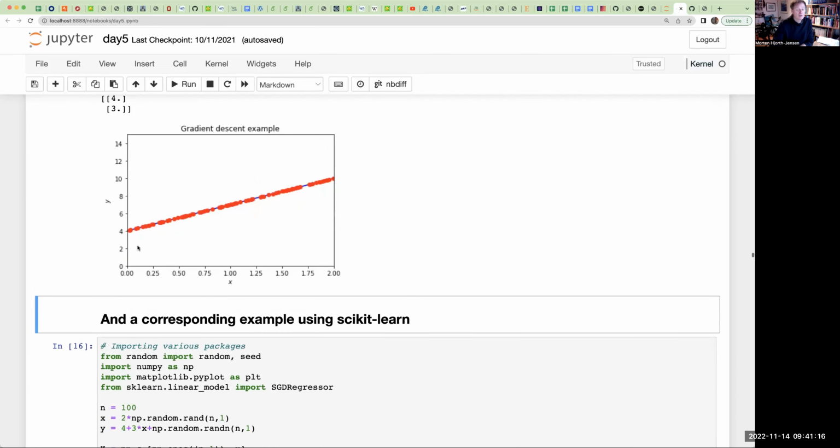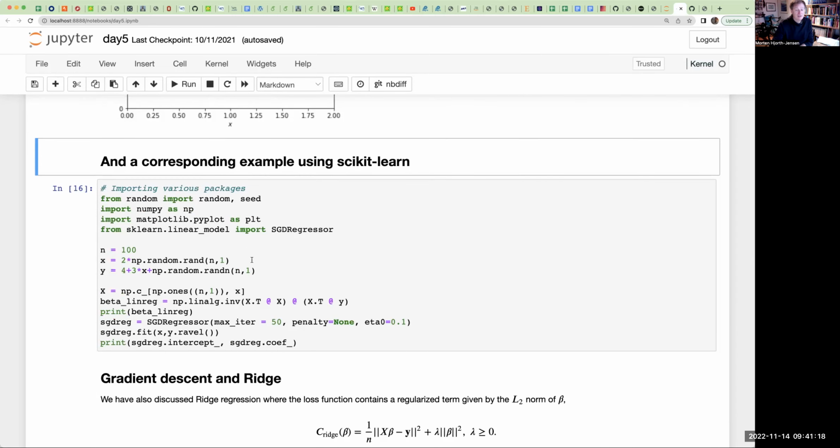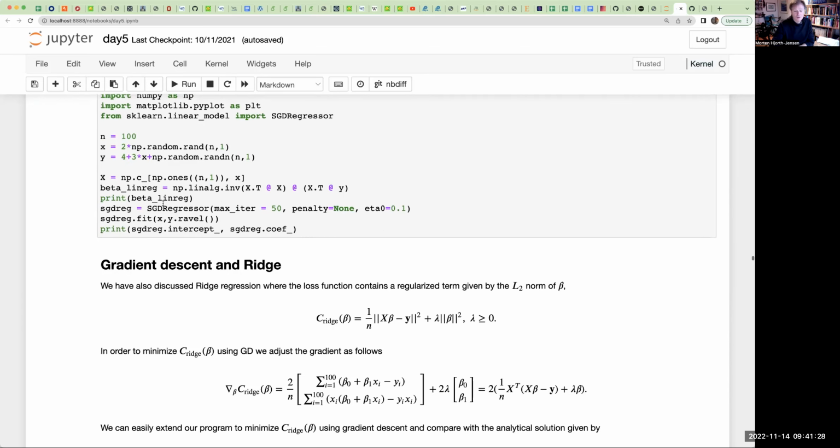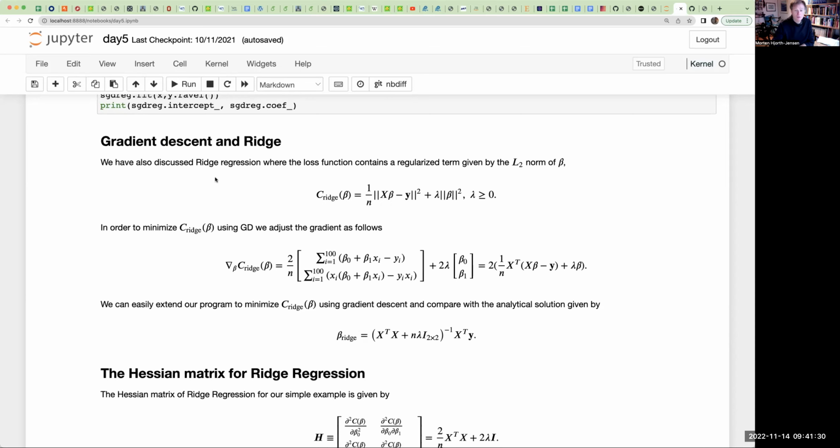So essentially, what you have here is just a simple demonstration. You could use the functionality in scikit-learn instead of writing your own function. I'm not going to repeat this exercise. You can do the same with ridge regression. And in that case, you would have a parameter lambda, which comes in here.